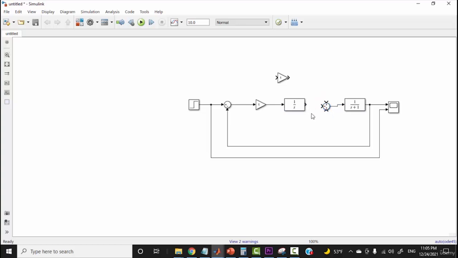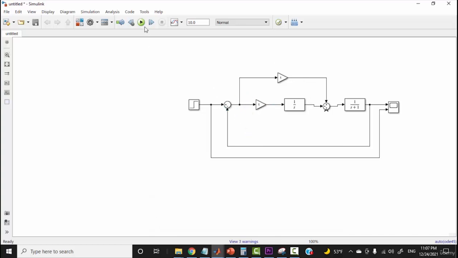Remove this wire, connect this to this, and connect this to this. Be careful when you are connecting the controllers. The controller input is the error signal, and the error signal comes from this summing point.